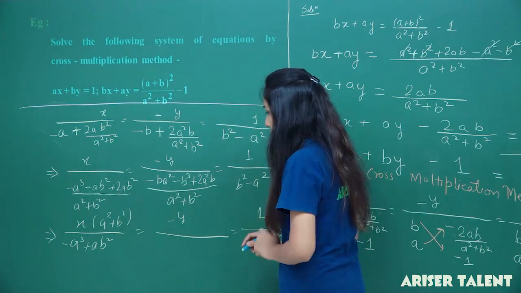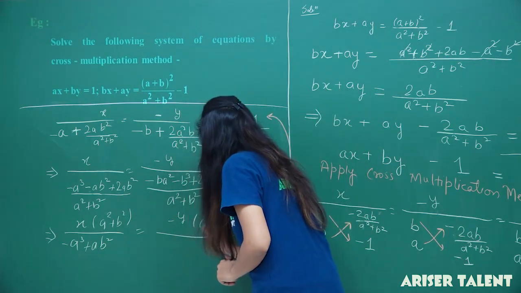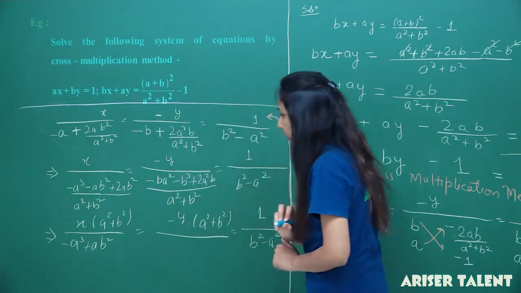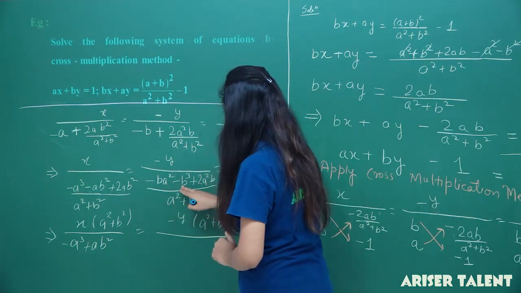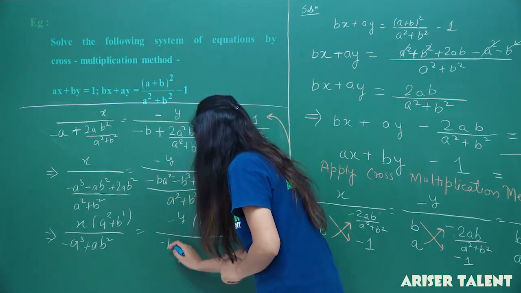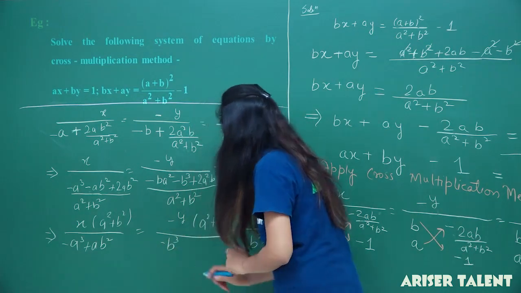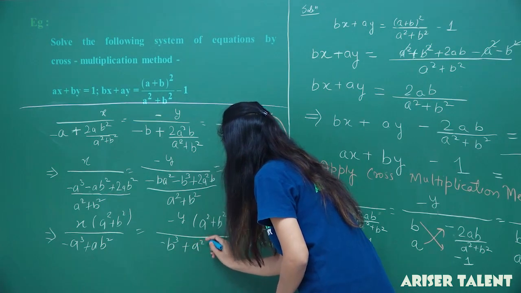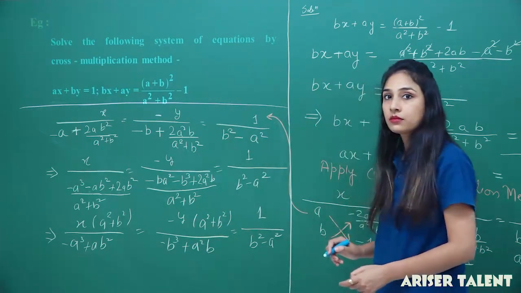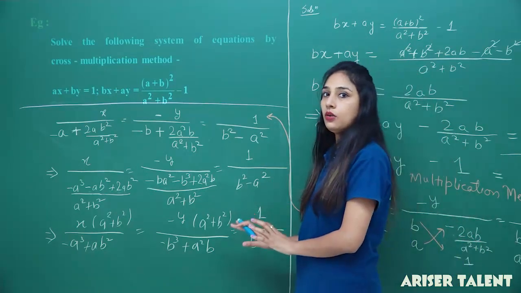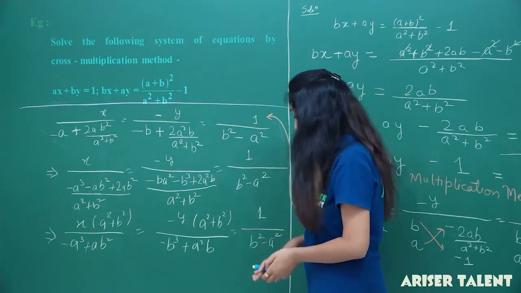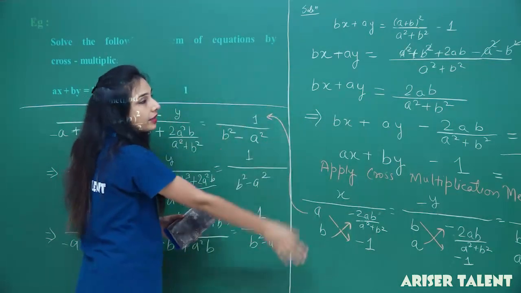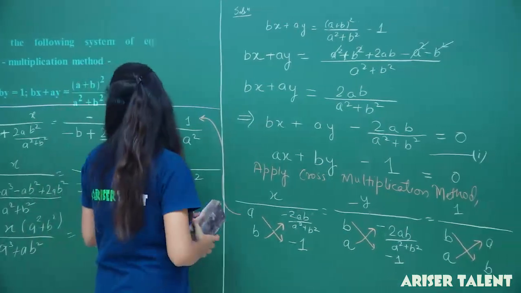Okay. Like this only, that will be a square plus b square here. Okay, and that will be reduced to minus of b cube, right? B cube plus of a square b. Okay, clear?